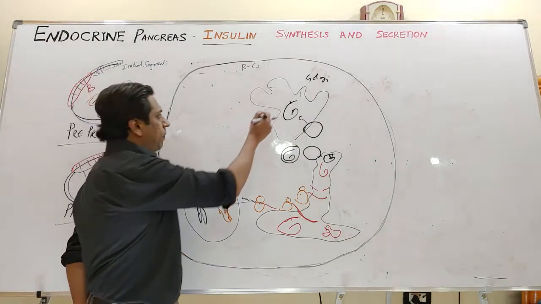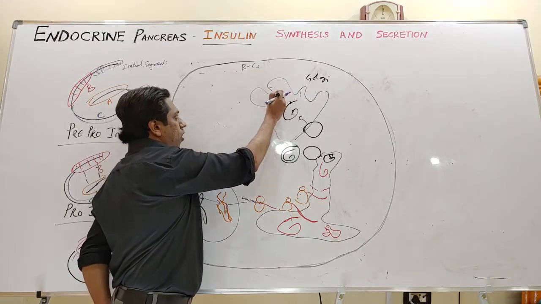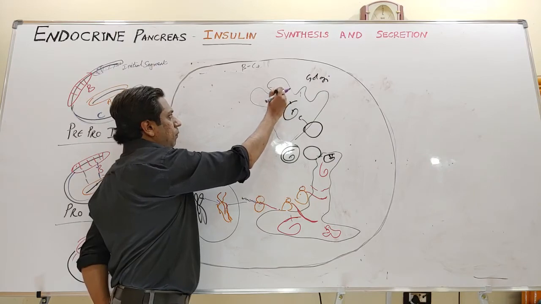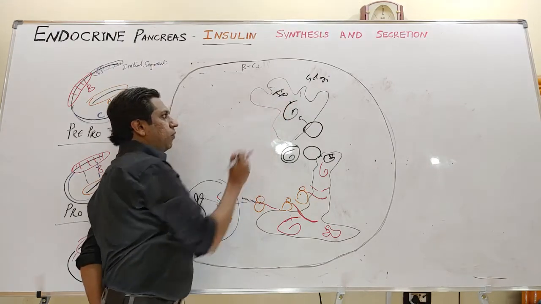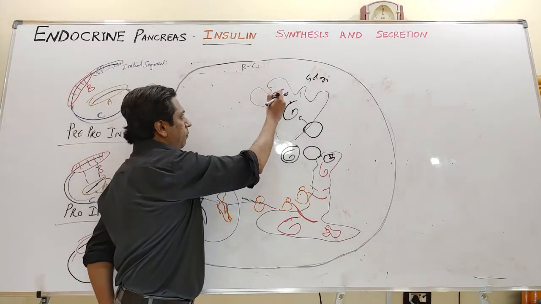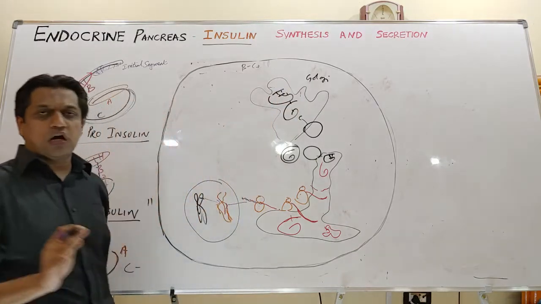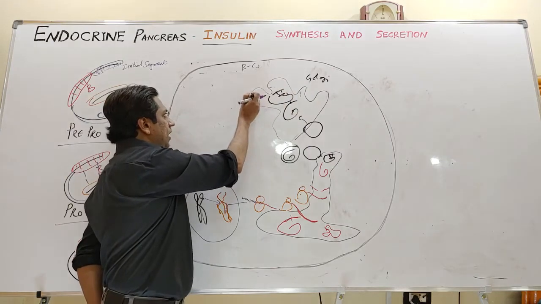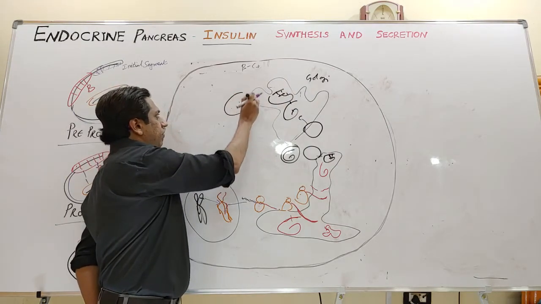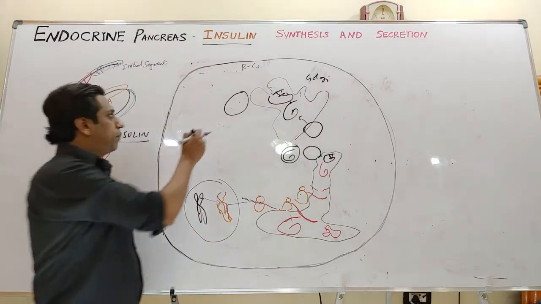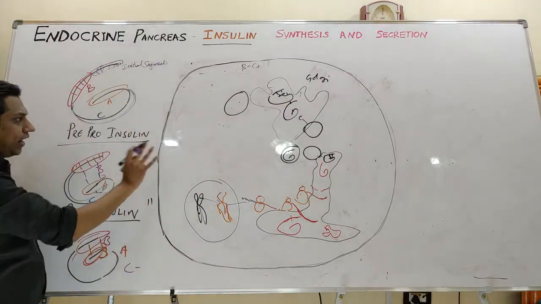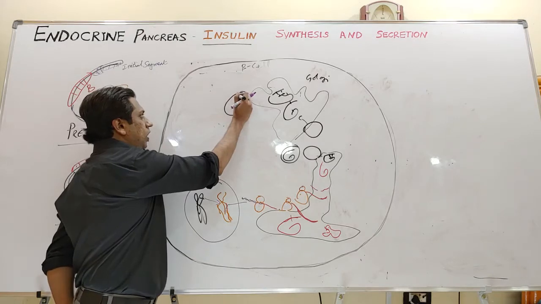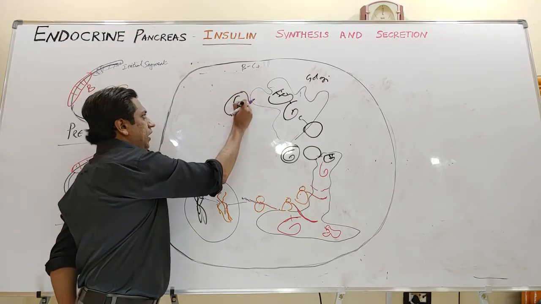So in the Golgi apparatus, the proper insulin molecule, which consists of the A chain and B chain connected by disulfide bonds, and the C peptide are separated. Then again they come out in a vesicle, so in the vesicle there is a proper insulin molecule along with the C peptide.